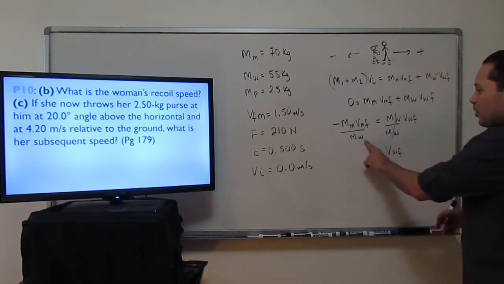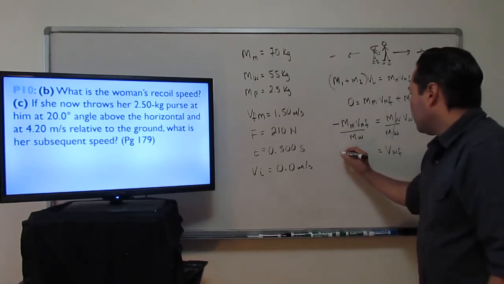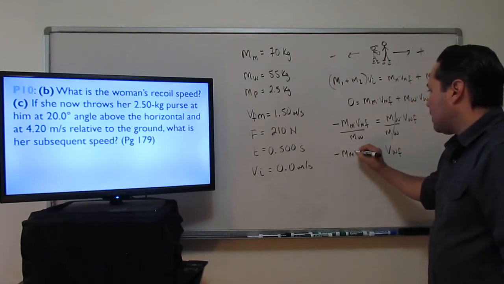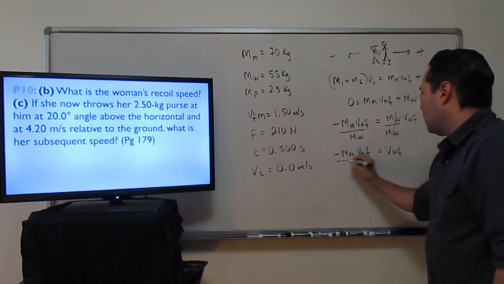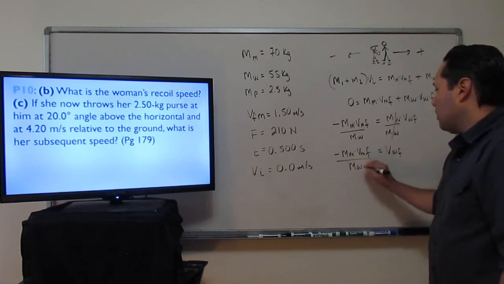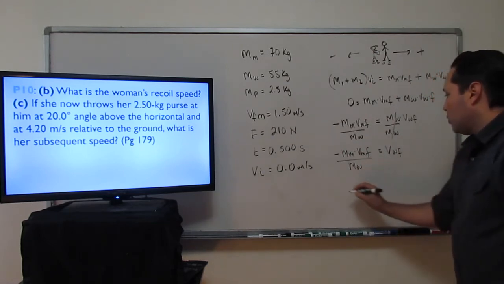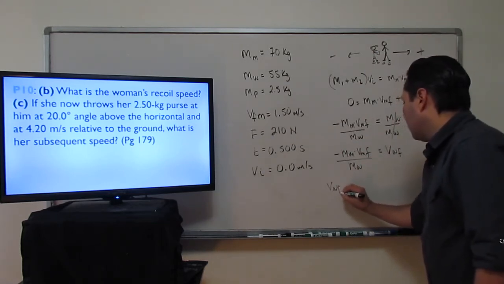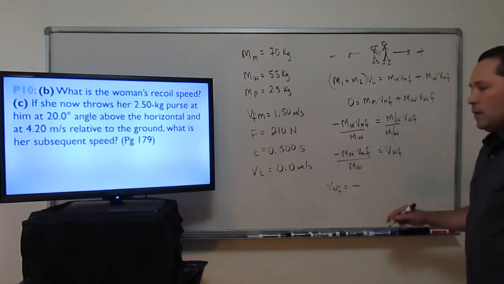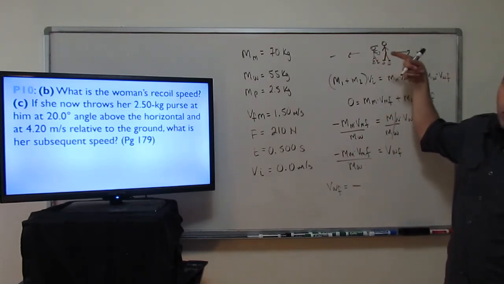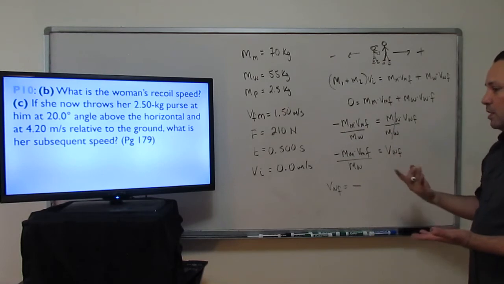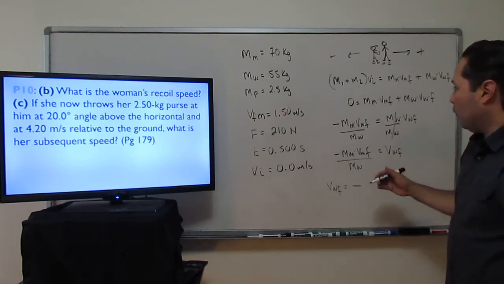Alright, so here's our formula. It's going to be mass of the man times velocity of the man final divided by the mass of the woman with her purse. Alright, so let's plug in the values. Negative right there, and we expected she's going to recoil to the left, so it was expected that she would have a negative velocity.